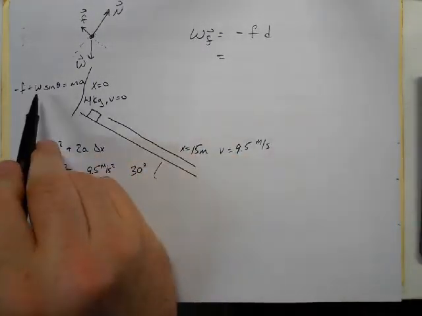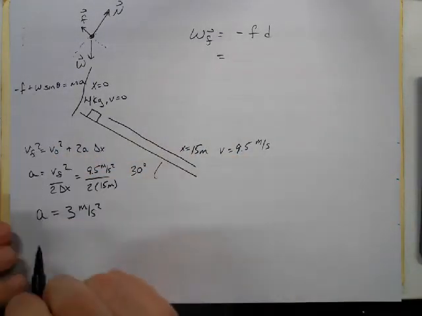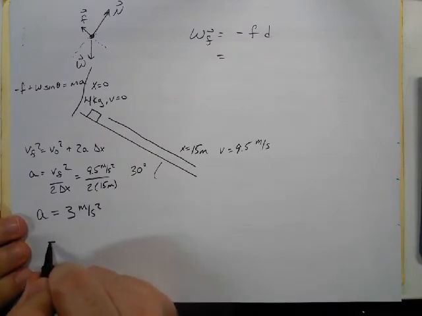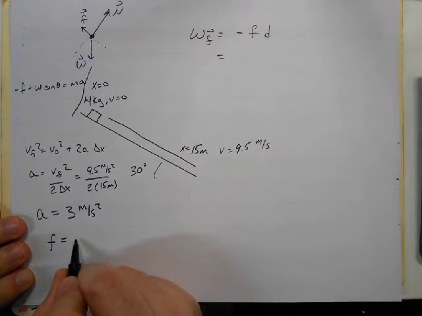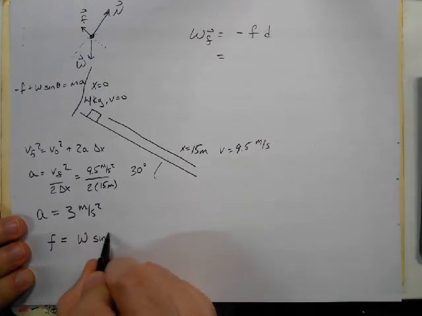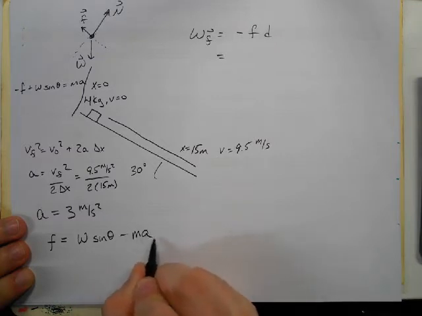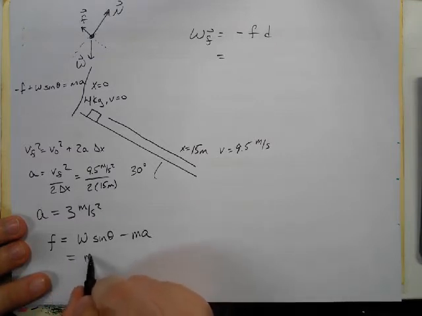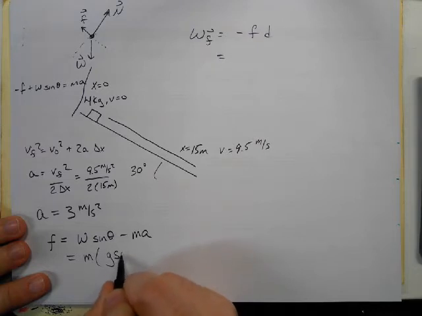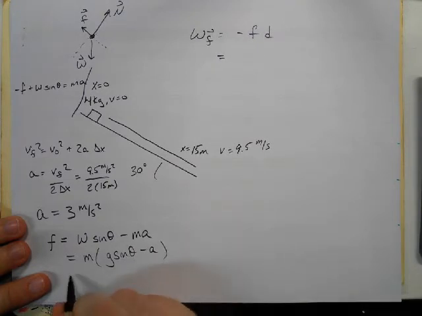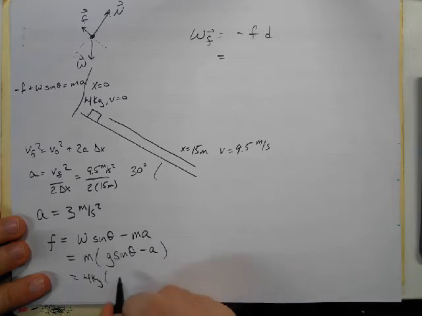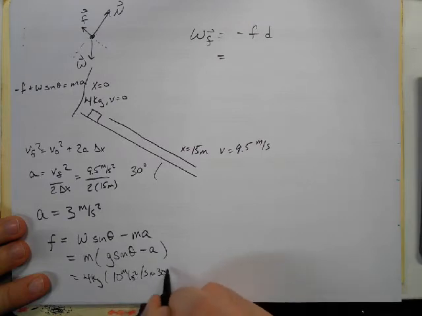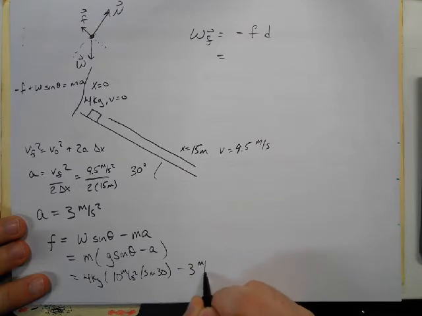So now we can figure out what the friction force is, right? So the friction force is the weight times sine theta minus the mass times acceleration, which is m times g sine theta minus a. So we'll have 10 meters per second squared times sine of 30 minus 3 meters per second squared.